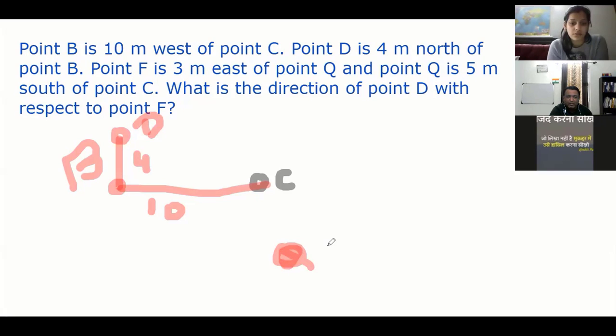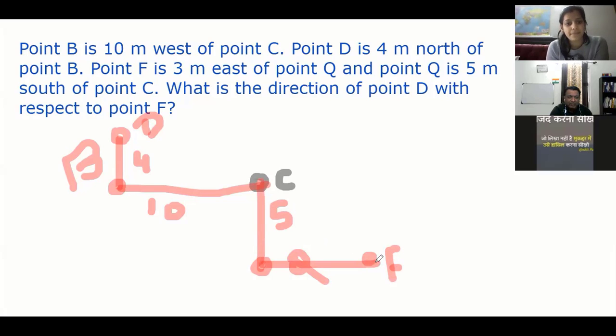This is the point and this is Q. I'm drawing very badly today. So point F is 3 meter east of Q. East means towards the right-hand side, straight. This is right. So that is point F.